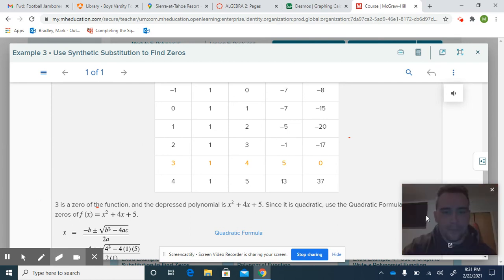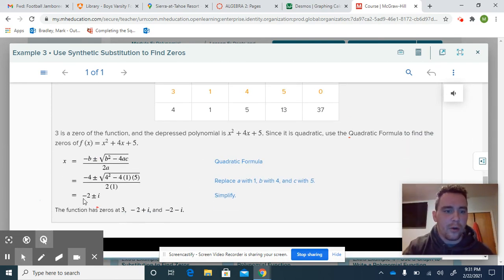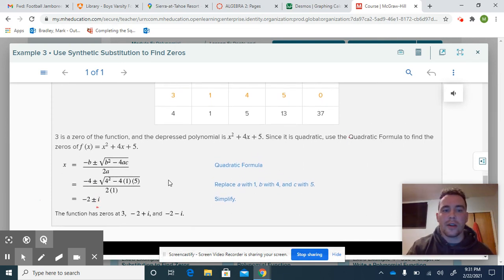Cool. All right. Bam. Then use the quadratic formula, figure out, oh, negative 2 plus or minus i, because they got the square root of negative 1 somewhere. So that is how you use synthetic substitution to find zeros.